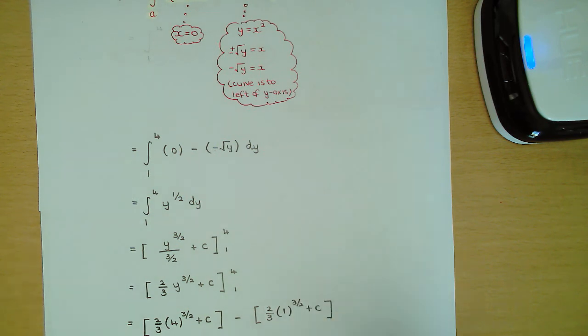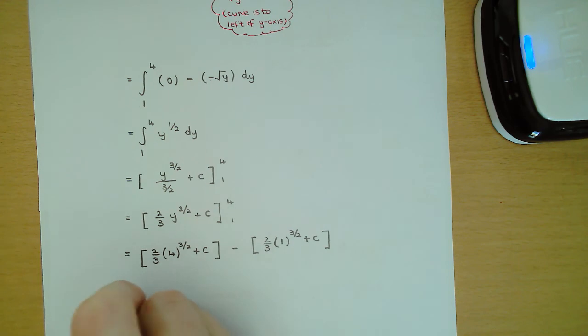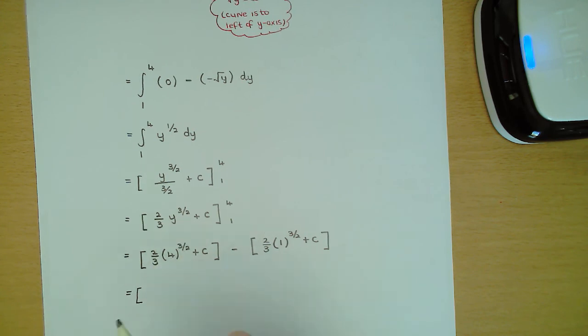So let's tidy up. 4 to the power 3 over 2 means you're taking the positive square root of 4, which is 2, and then you're going to cube it, so that's going to give you 8, and then multiplying by 2/3 gives you 16 over 3 plus c.